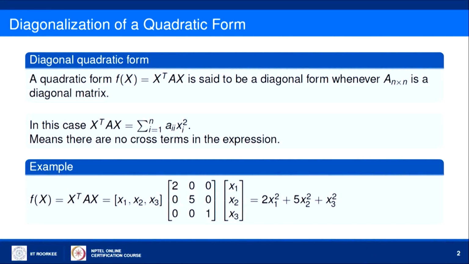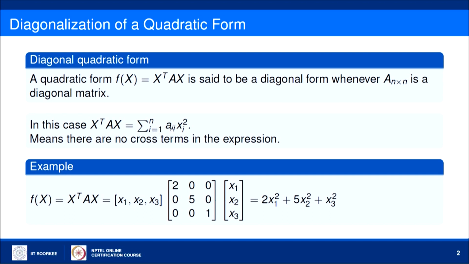So, I can represent this quadratic form as x transpose A x, where A is a diagonal matrix, that is, the sum over i equals 1 to n of a_ii into xi square, where xi are the components of the vector x. This is another example of the quadratic form.